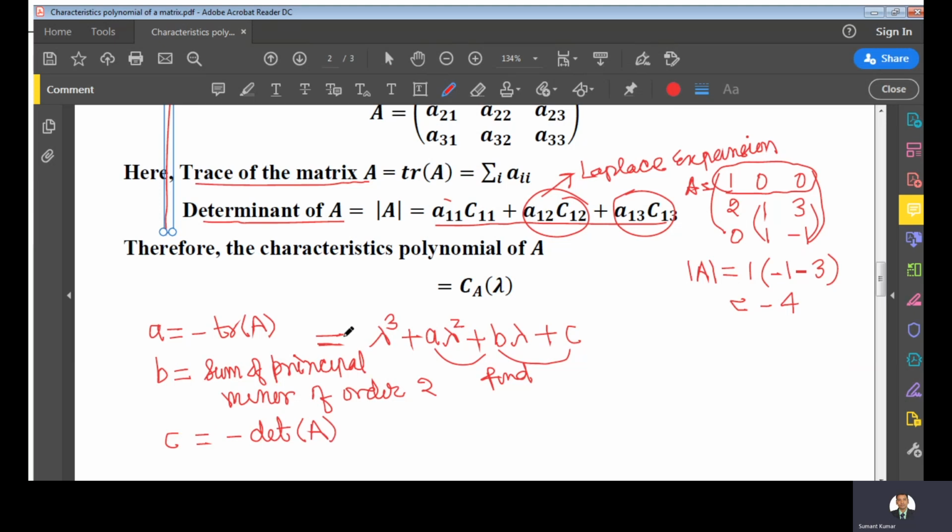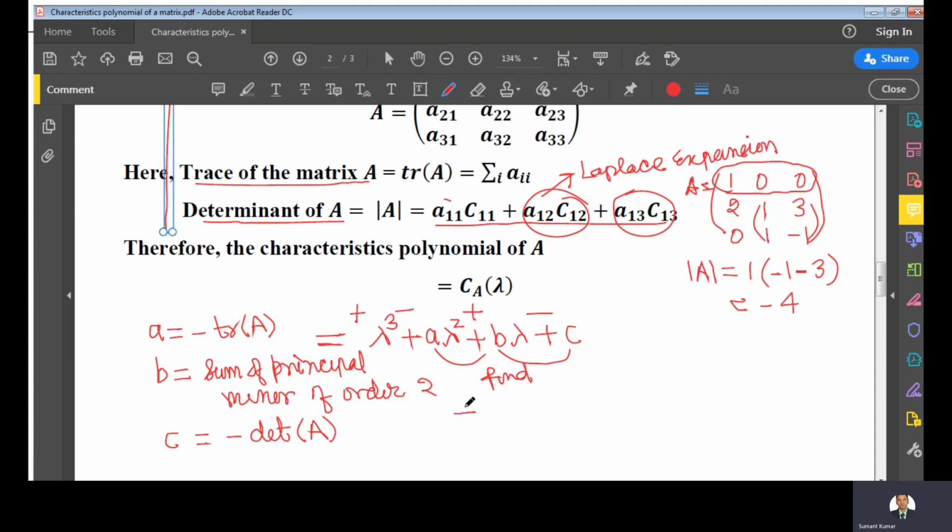Alternate signs will come here, right? If you are writing the polynomial at the start, you can write it as plus minus plus minus. Likewise, all the signs will come, right? If you are taking a fourth degree polynomial, it will be minus plus minus plus, right?